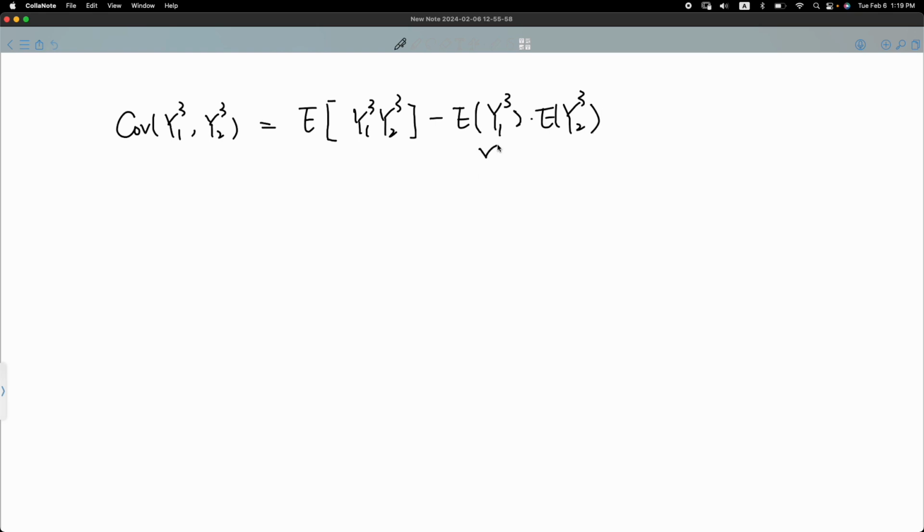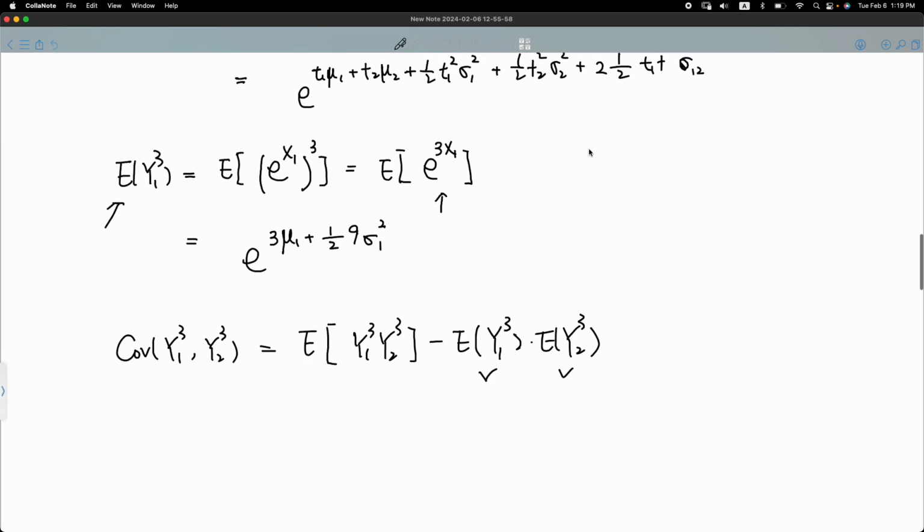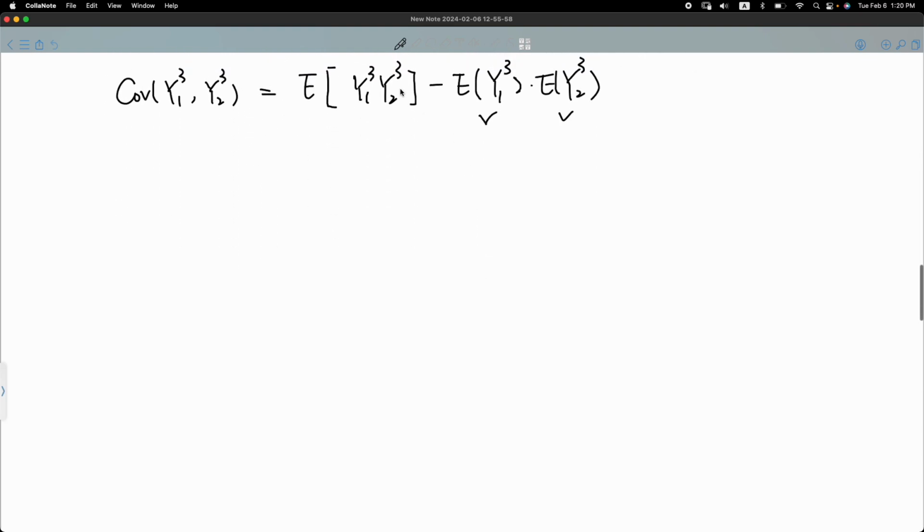I think this can be found from the previous, right? Yes, and then for y2, this is just mu2 and sigma 2. So the question is how to evaluate these things.